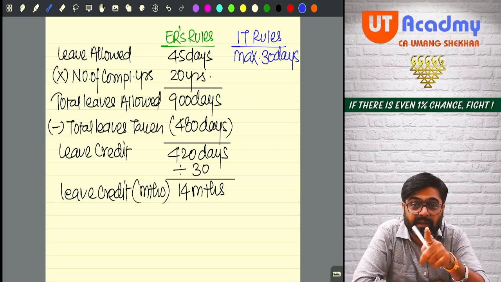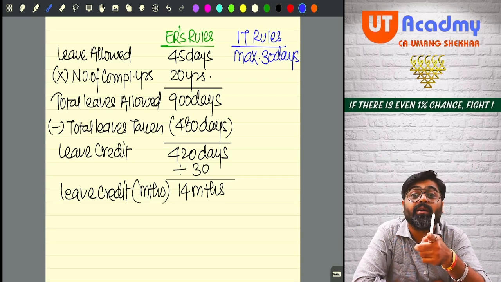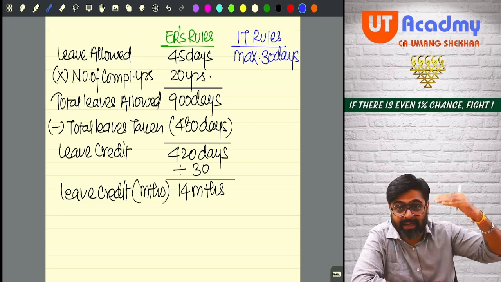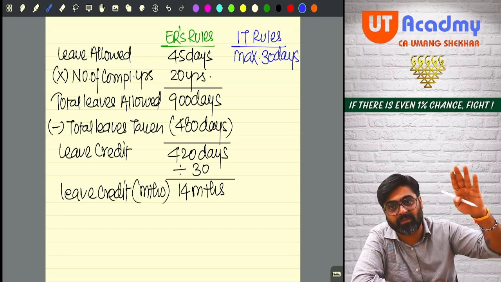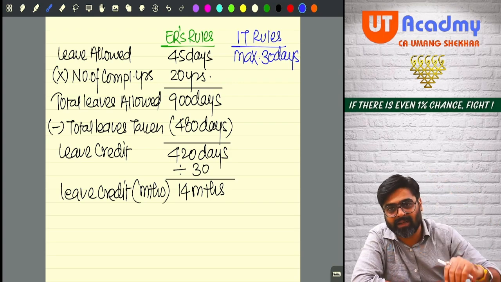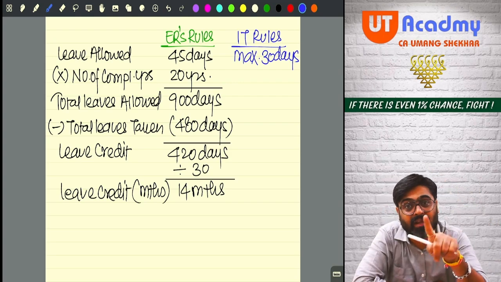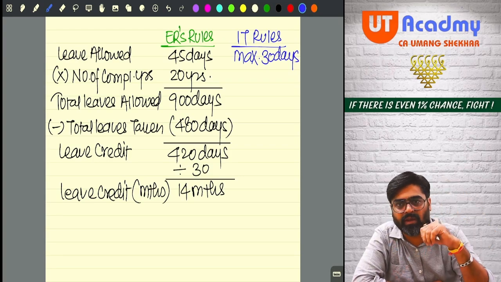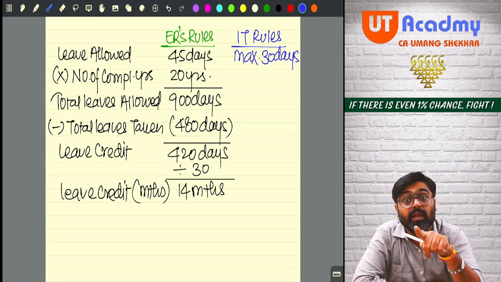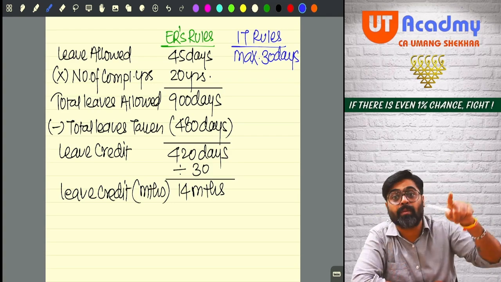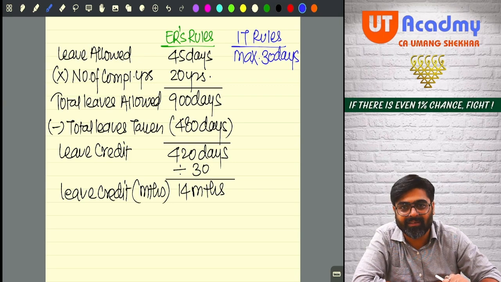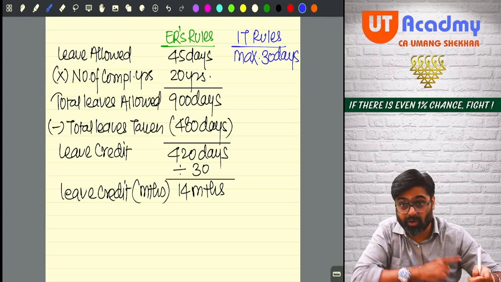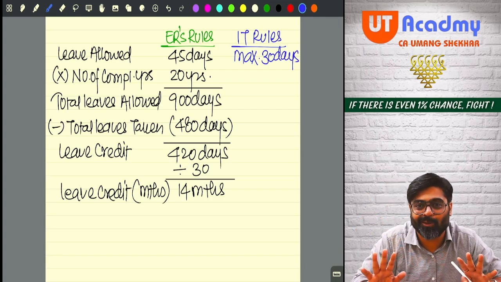But any leave credit calculated at more than 30 days is not okay. Getting my point? Because the IT rule says that an employer can give a maximum of 30. If he is giving more than 30, that means he is trying to give taxable salary in the form of what? Leave salary. So let him give taxable salary in the form of leave salary, but we will not take the leave credit as per the employer's rules for the purpose of what? Exemption. We will take the leave credit as per 30 days or the employer's rule, whichever is lower.